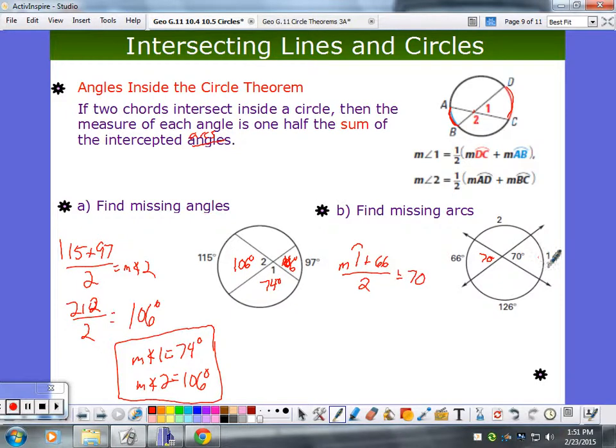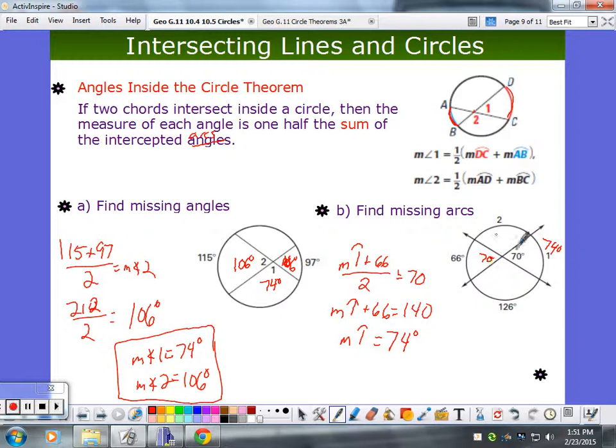So this plus this over 2 is 70. Multiply both sides by 2, get rid of the denominator. Subtract that 66, so what's the measure of arc 1? Whatever 140 minus 66 is, I think that is, I want to say 74? Is that right? Yeah. Did I get it? Okay. So that's 74 degrees.